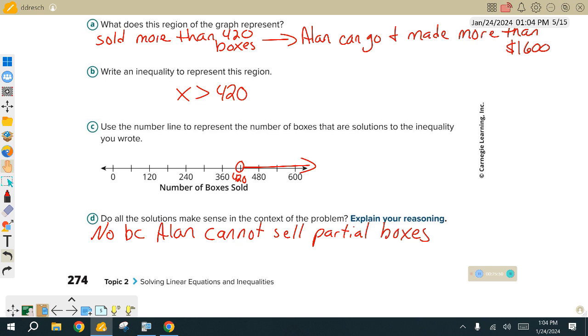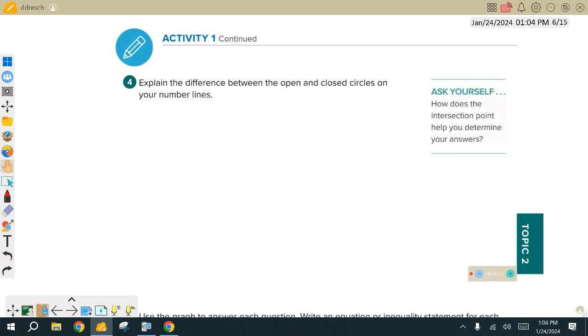All right. Let's flip. Now on the next page, what are we using the difference between open and closed circles? When do we do the open circles versus the closed circles? Open circles were happening only with is less than, is greater than.